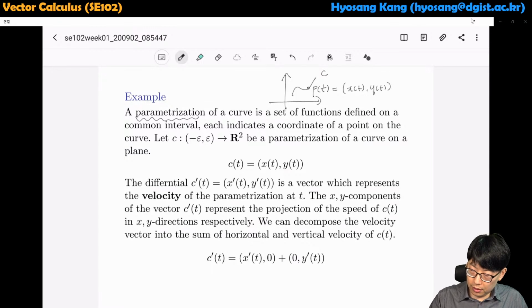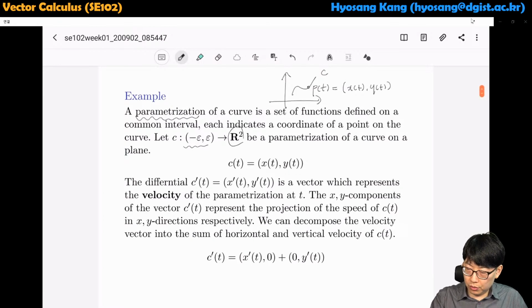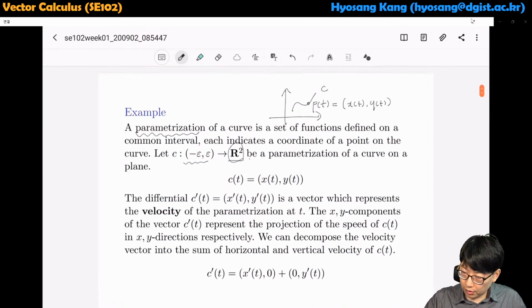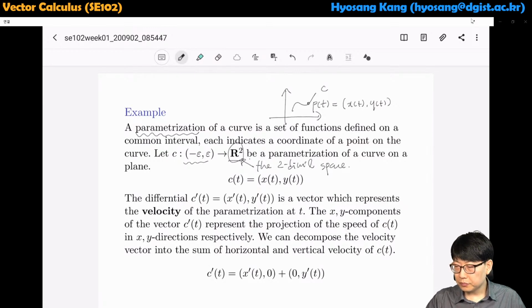So in the formal way, I can write C as a function from an interval to a set of points, the entire set R2. This is the two-dimensional space, not a vector space, okay?